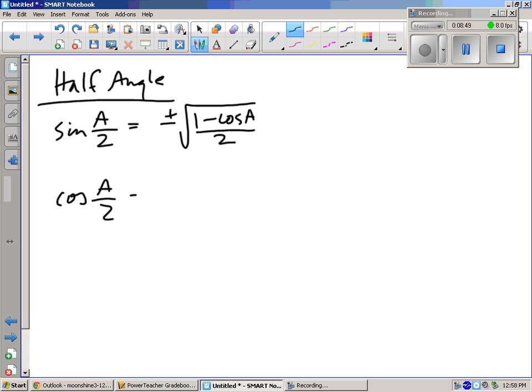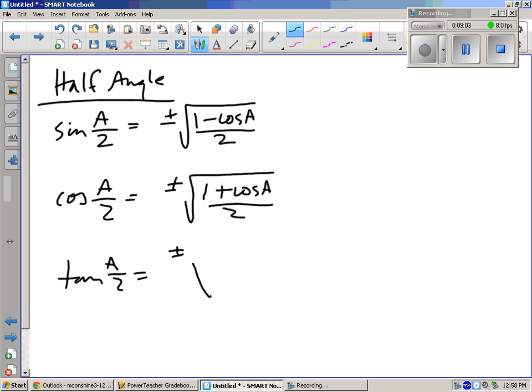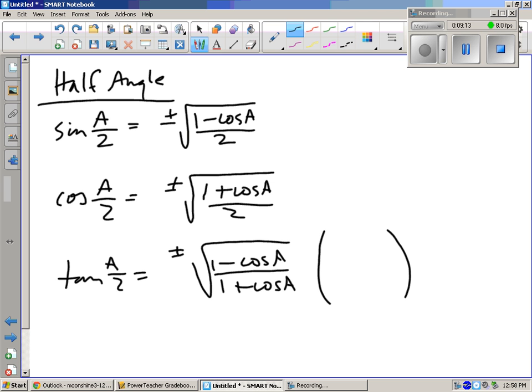The cosine of the half angle formula is cosine A over 2 equals plus or minus the square root of (1 plus cosine A) over 2. And the tangent is just a combination of those two, plus or minus the square root of (1 minus cosine A) over (1 plus cosine A).